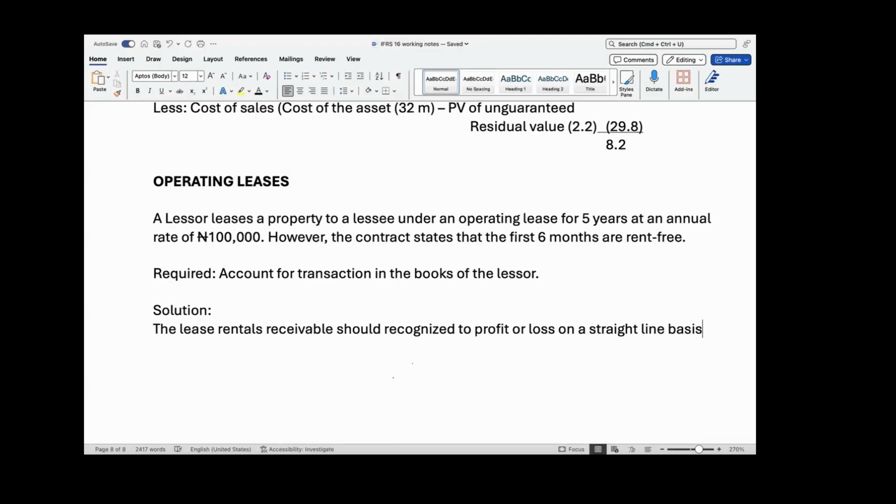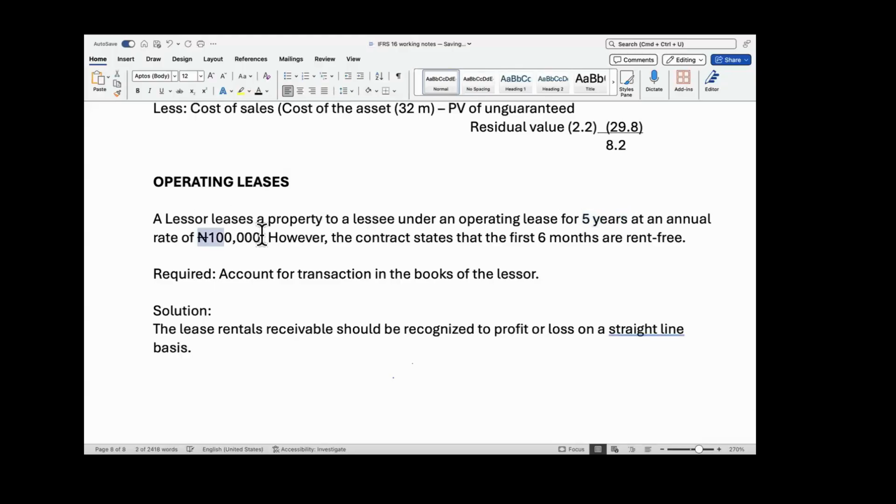So how do we recognize this to profit or loss on a straight line basis? The lease term is 5 years.